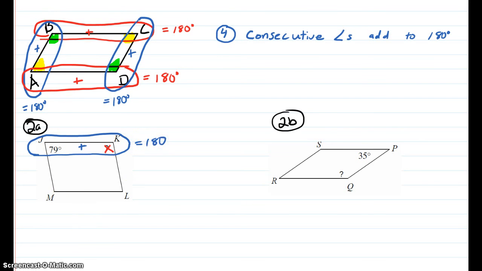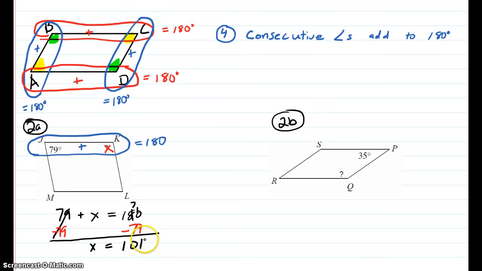So all we're going to do is take 79 plus X equals 180. And now we just solve that equation. And so we just minus 79 from both sides. And so that goes away and we get x equals, need to borrow, so we get 1, 0, 1.